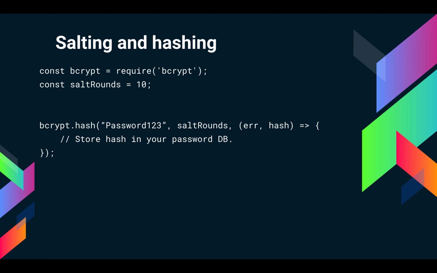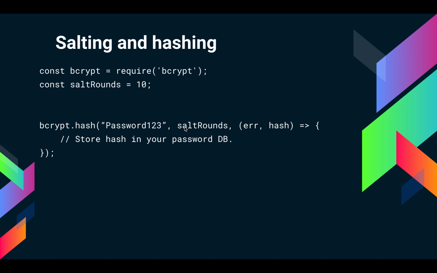So we've installed the bcrypt module. We require that module. And then with this bcrypt module, we can specify a number of salt rounds. That means every time we create a hash based on a user's password, we're actually running through 10 different salts.